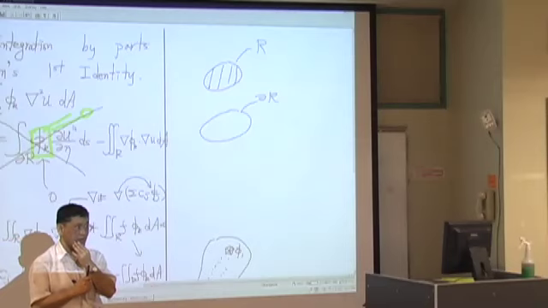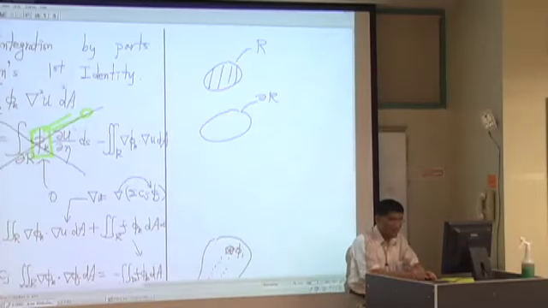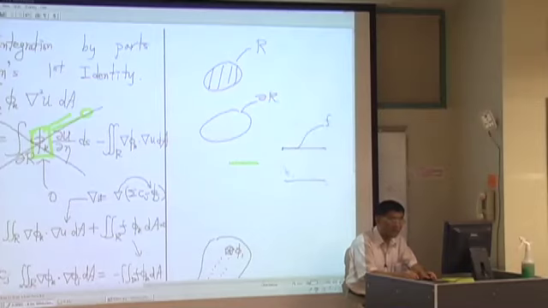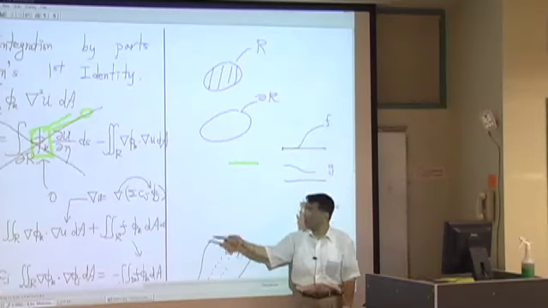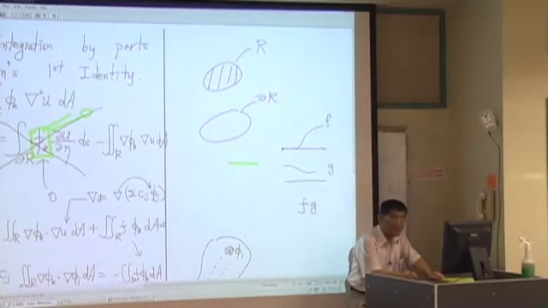Right? So assume that you have two functions. This is the first function, f, and this is the second function, g. So what is f times g on this boundary? If you multiply f and g on this boundary, f times g is what?